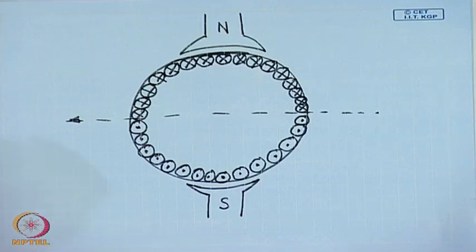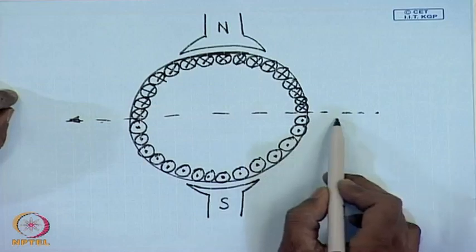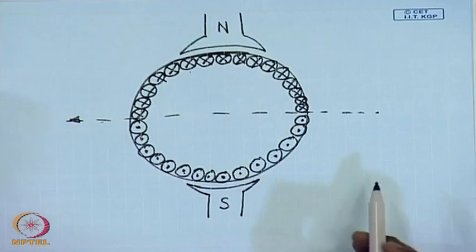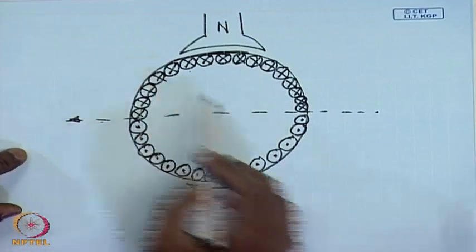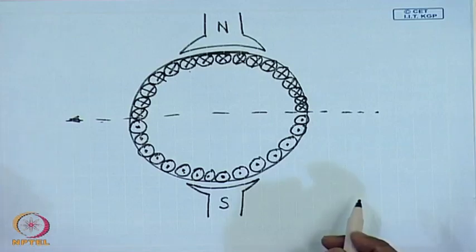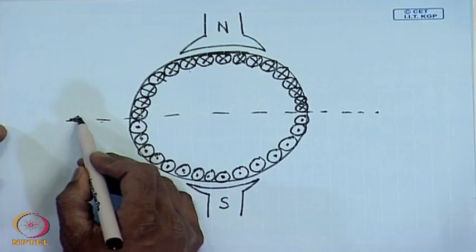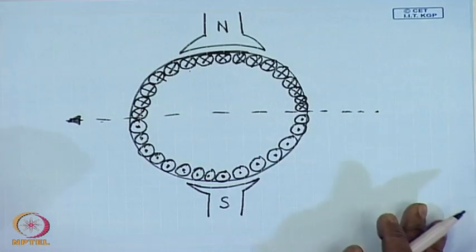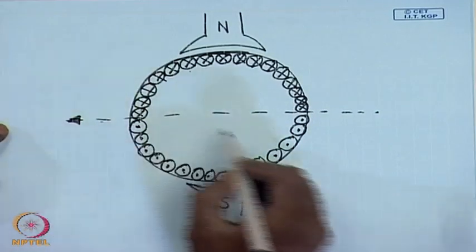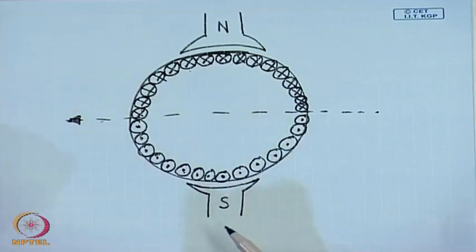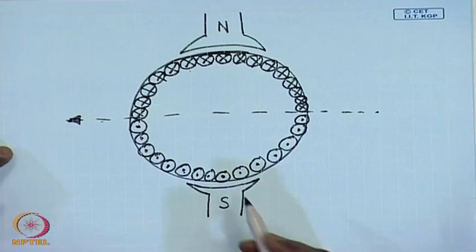However, the direction of current flow in half of them will be cross and half of them will be dot, naturally, because one is the return end of the other. But now we can extend the principle of operation to this practical case. Let us say at any instant this is the polarity of current.